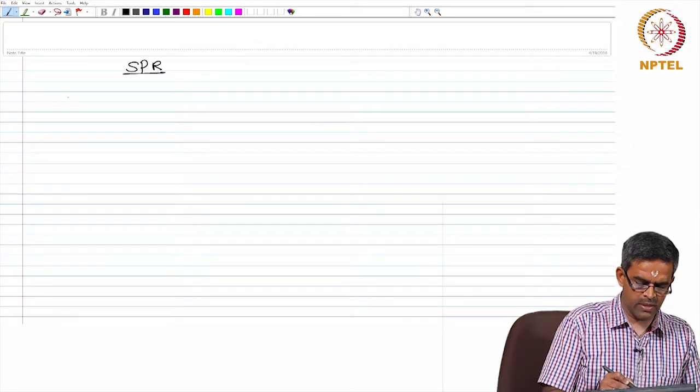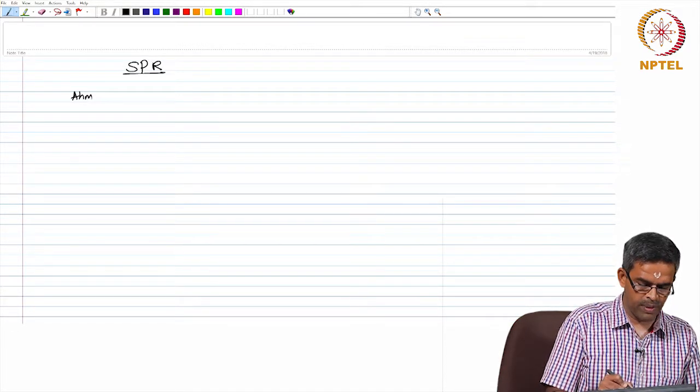One can see more details about SPR in this paper.